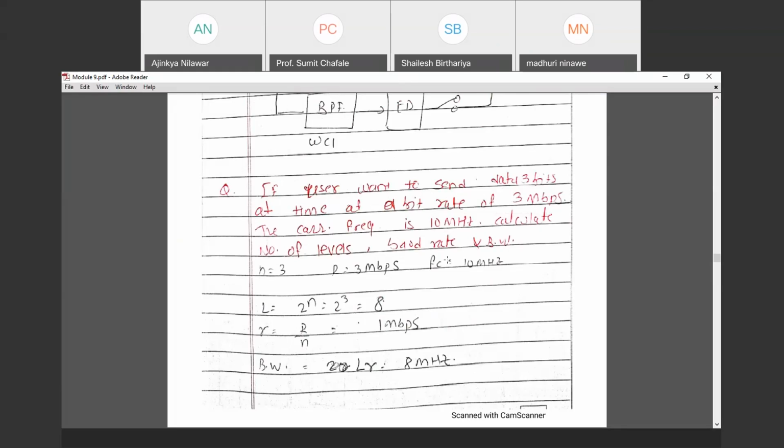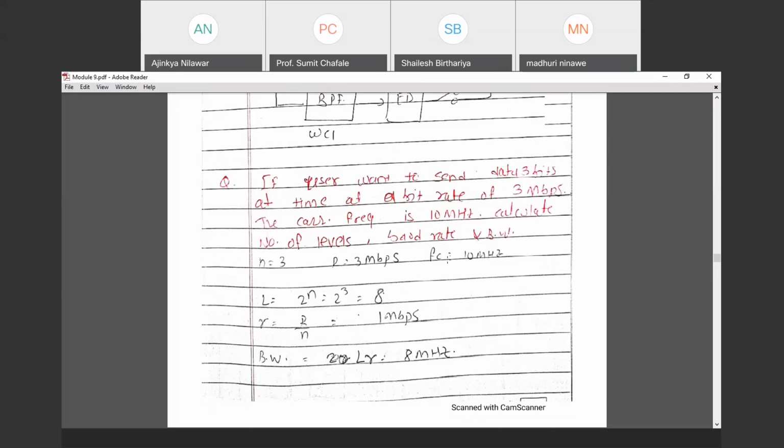Since small n is 3, 2 raised to 3 is equal to 8. Then small r, that means the baud rate, is given by capital R divided by n. The speed is 1 Mbps and the bandwidth is given by L into R, that is 8 Mbps or 8 megahertz. So this is how you can calculate the bandwidth with the help of the given data.